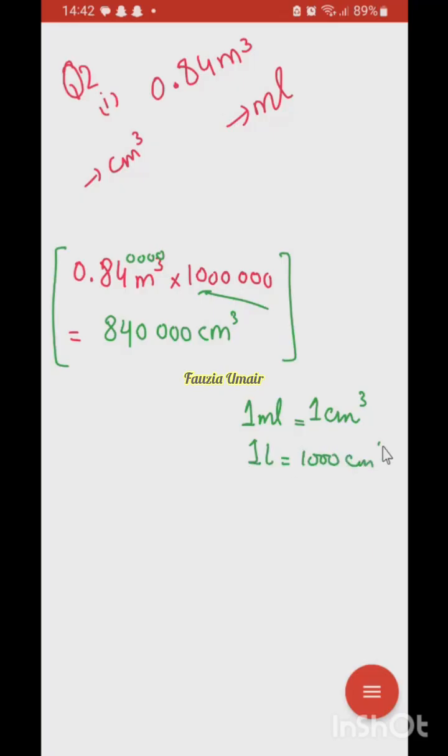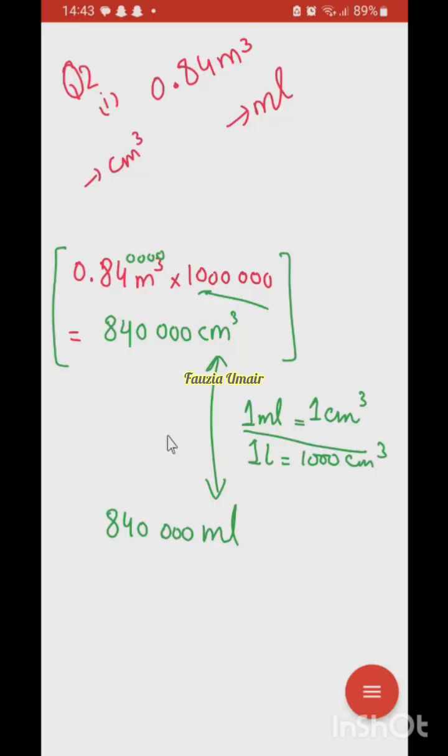But we need to convert into milliliter, so there will be this many milliliters. How many milliliters? 840,000. Because centimeter cube is the same as milliliters. Are you getting this? They are equivalent units. So this is your answer.